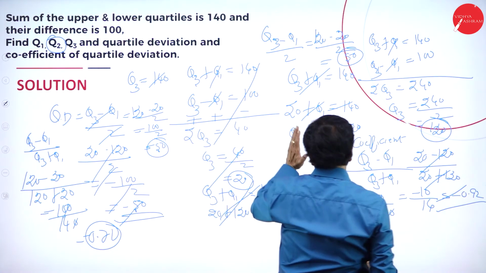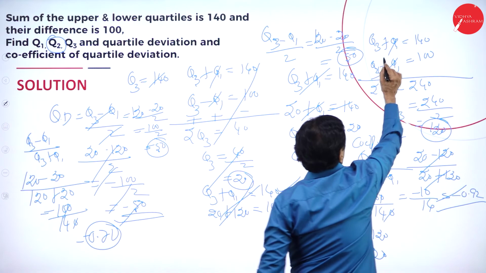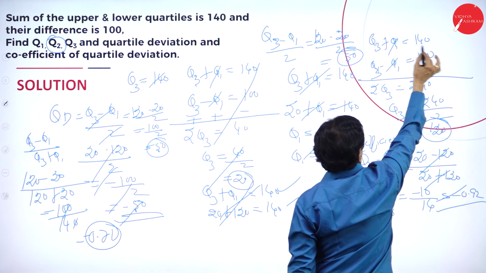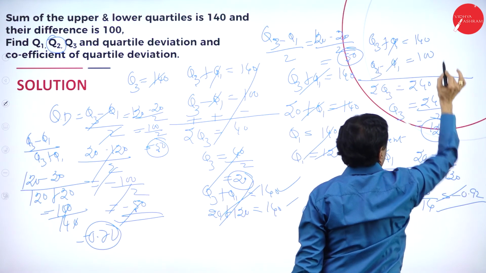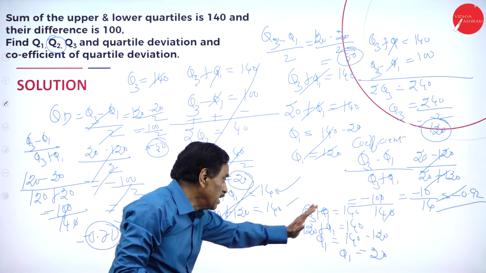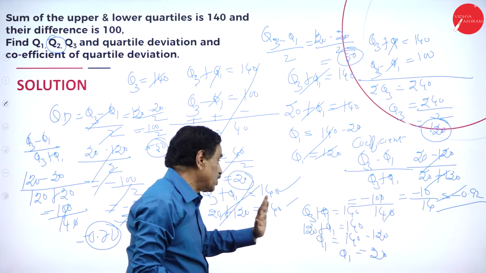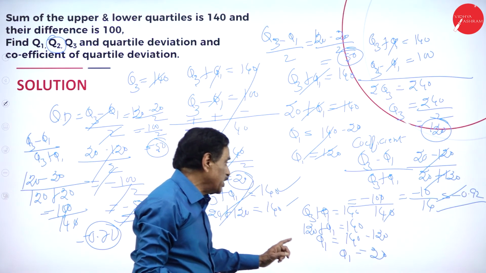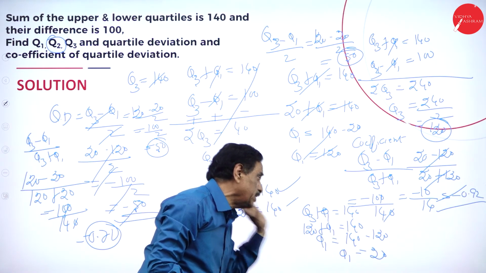You know that here Q3 plus Q1 is 140. What is your Q3? 120 plus Q1 is 140. Your Q1 is equal to 140 minus 120 is 20.